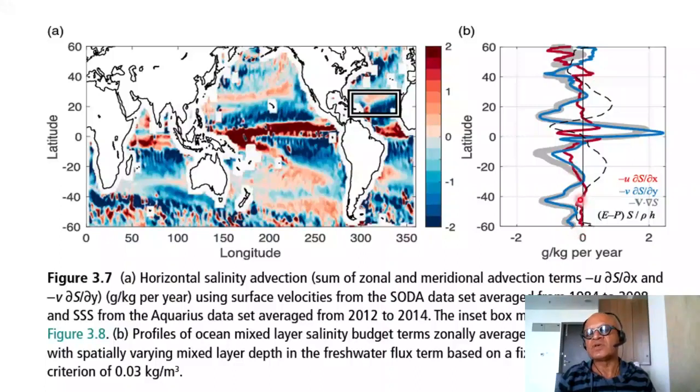So all these things have to be kept in mind, along with the freshwater flux written as E minus P times S divided by rho H, which corresponds to subtropical gyres, ITCZ, and so on.